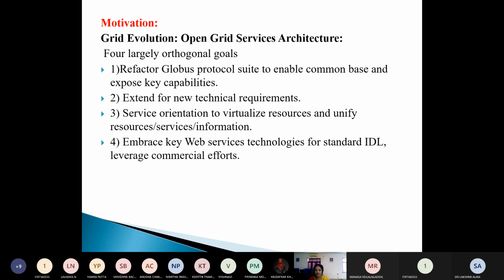Service orientation to virtualize the resources and unify resources, services and information, and embrace key web service technologies for standards, leveraging commercial efforts.